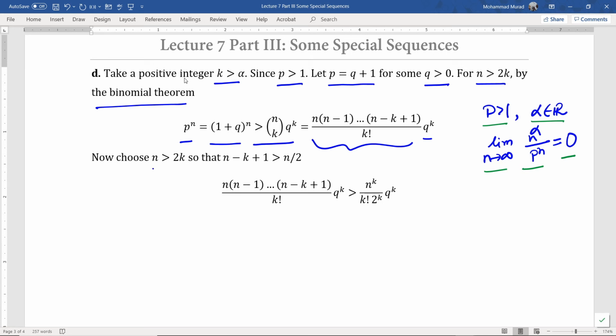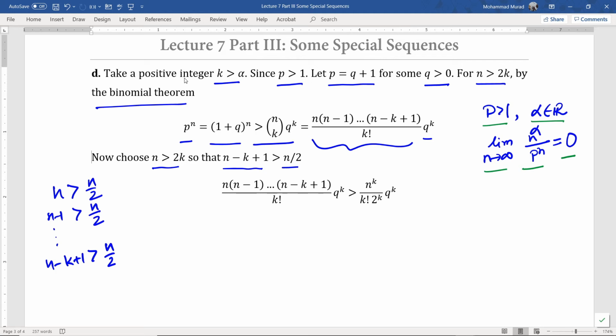Now for the chosen n greater than 2k, we have n minus k plus 1 is strictly larger than n over 2. Therefore, each factor in the numerator here, for example, n is greater than n over 2, and n minus 1 is also greater than n over 2, and all the way up to the factor n minus k plus 1 is greater than n over 2.